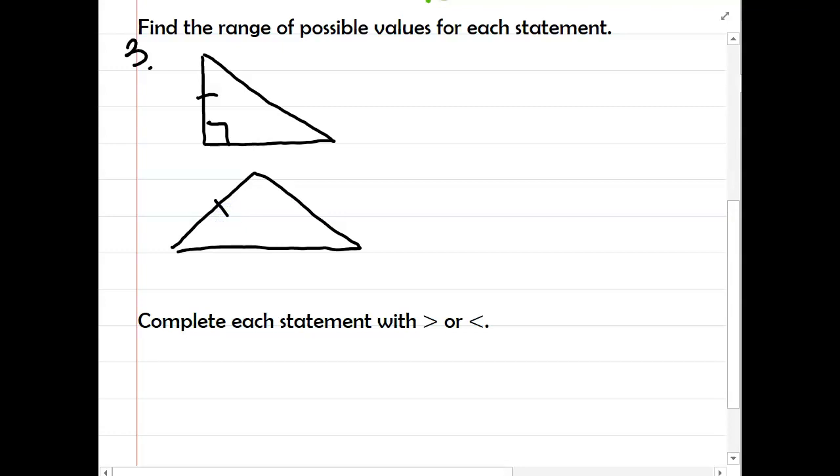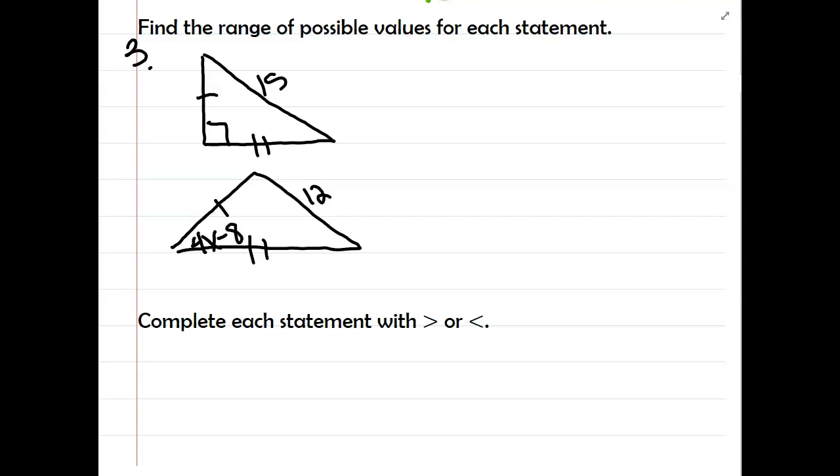And then the bottom of the right triangle is going to be congruent to the bottom of the other triangle. The hypotenuse of the right triangle is going to be 15. And then this side right here is going to be 12. And finally, this angle in the second triangle is going to be 4x minus 8.